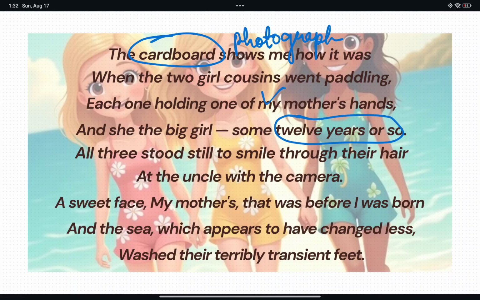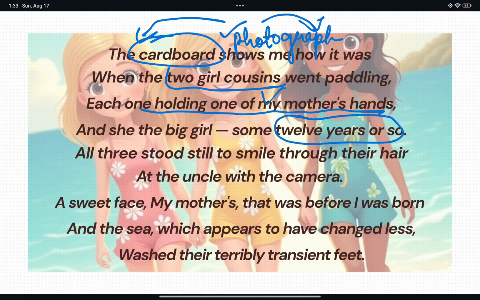She was about 12 years of age, and she went paddling with her two girl cousins, each one holding one of my mother's hands. That means if in the middle this is her mother, then these two are her cousins, and both of them were holding the poet's mother's hands on each side.